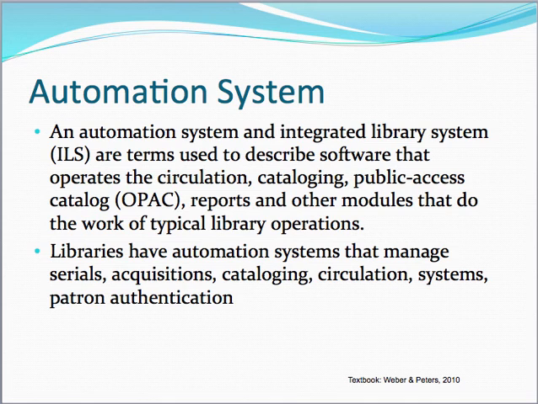In other words, these are systems with a number of modules that you can activate that work together. Okay, that's why they are called integrated library system. Because, for example, you have circulation and you have the patron module or the client module. Well, they work together.